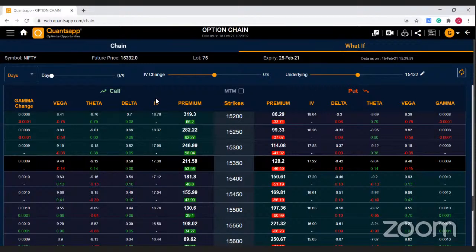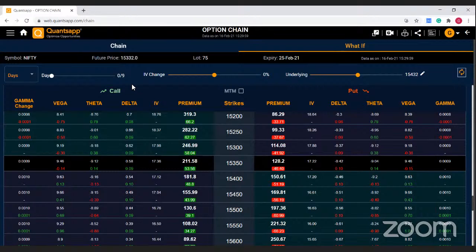Now suppose I was expecting a 100-point movement, but the movement did not come, and due to which I have to hold my option for the next 3 days, 4 days, or whatsoever. I'll tell you what most people think: until and unless my target comes, and the underlying moves, I won't be taking my position off.